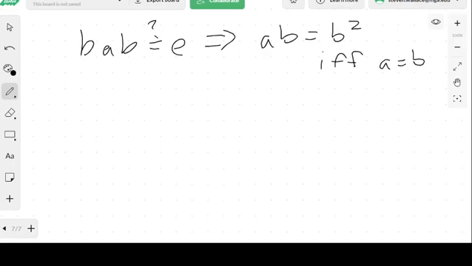All right. So what's last? What I want to show is that BAB is equal to B. Is that right? Or is that the only choice left?